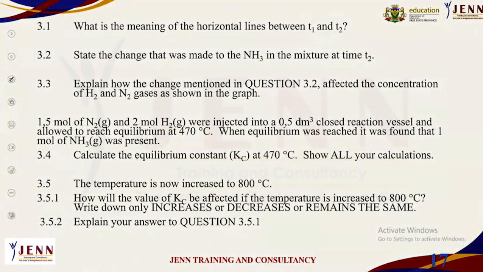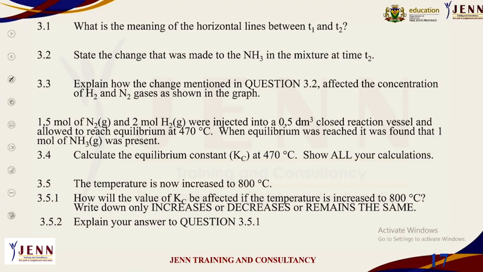So 3.1. They tell me, what is the meaning of the horizontal lines between T1 and T2? Okay, so this graph doesn't necessarily start at 0. So something happened already, and then they have T1 and T2.